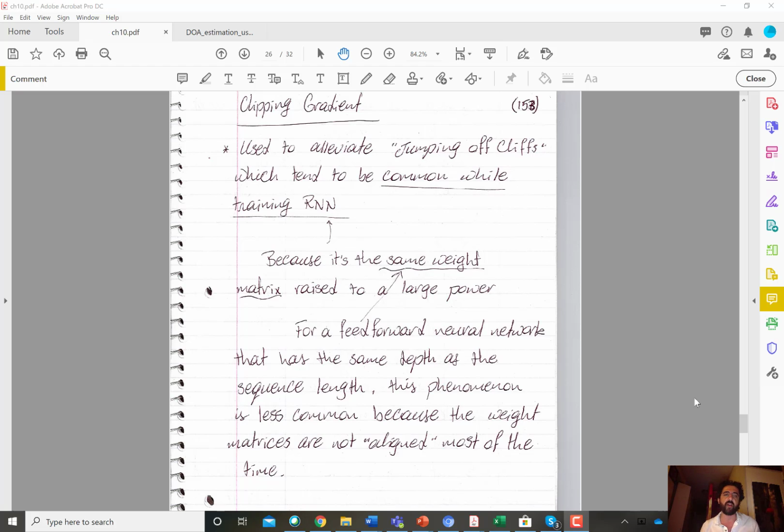So even if you have a recurrent neural network, after you unfold the computational graph, let's say it becomes a 100-layer network, the deep feed-forward network that has the same depth, that's 100 layers in depth, would have a much lesser chance of encountering that problem.